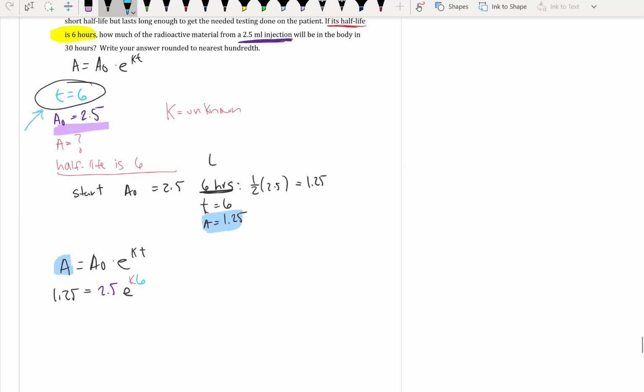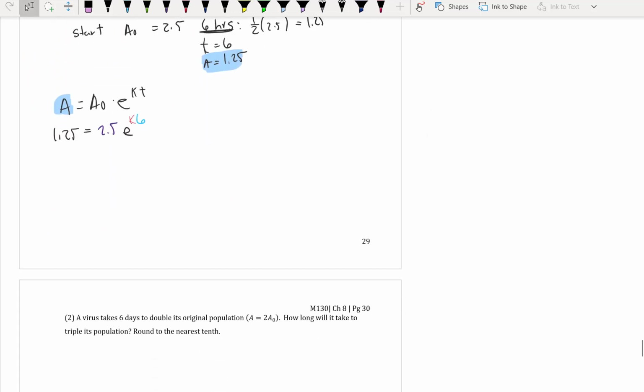Okay. So now from here, what I'm going to do is divide by 2.5 on both sides. So 1.25 divided by 2.5 is going to give me 0.5. So 0.5 is equal to e to the 6k.